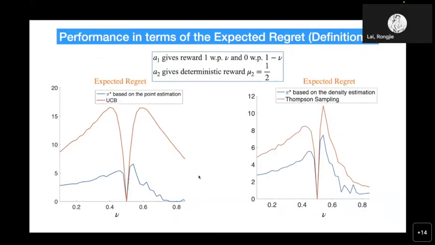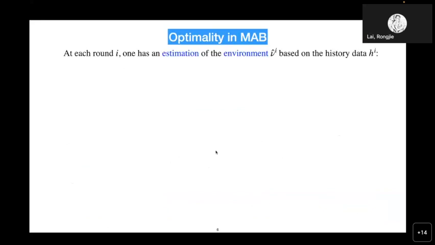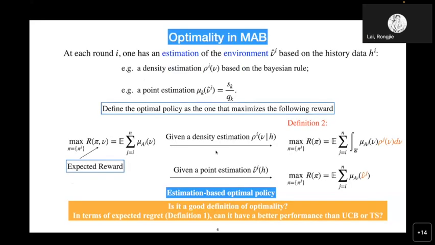Sorry, may I ask a question? Yes, please. Based on definition 2, you said you need to estimate rho_i for the unknown environment. Is that easy to estimate? It's a good question. For example, using the Bayesian rule, for the normal distribution or Bernoulli distribution, we always have an explicit formula for the posterior measure. In that case, it's not a difficult problem.